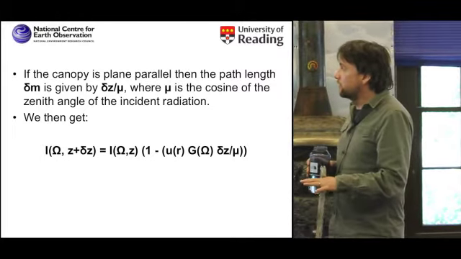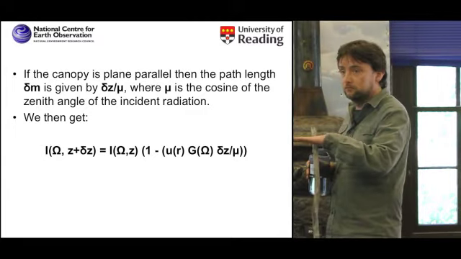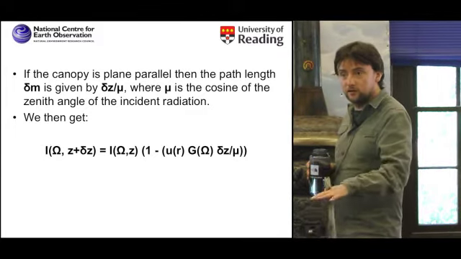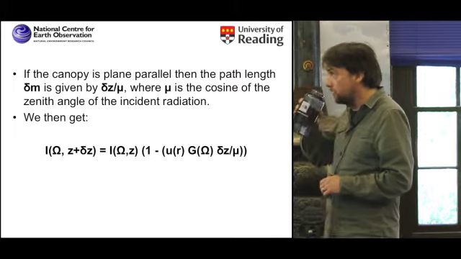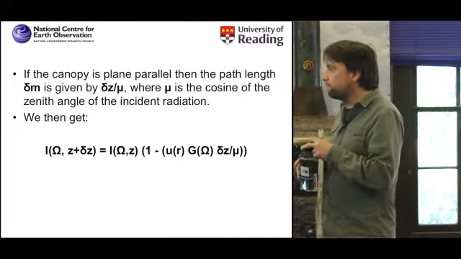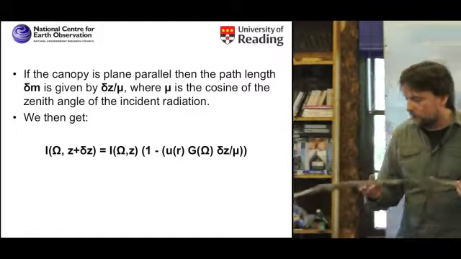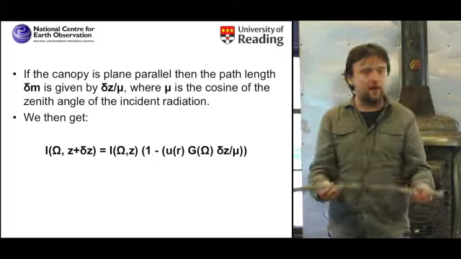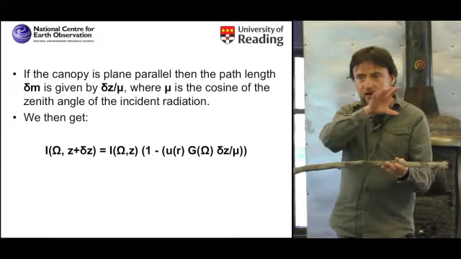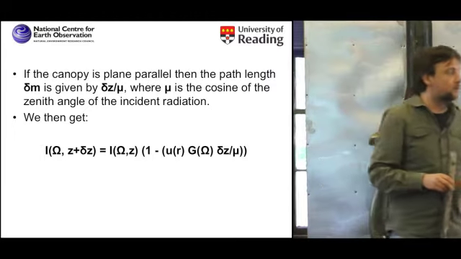in all sorts of ecosystem models, is to assume that the canopy is plane parallel, okay, and homogeneous within that medium. Now, all that means is that it has a top and a bottom that are basically parallel with each other, and inside it there's just randomly distributed stuff, leaves.